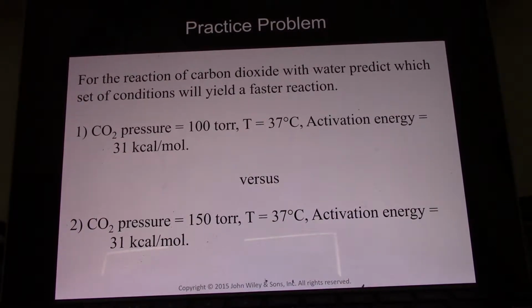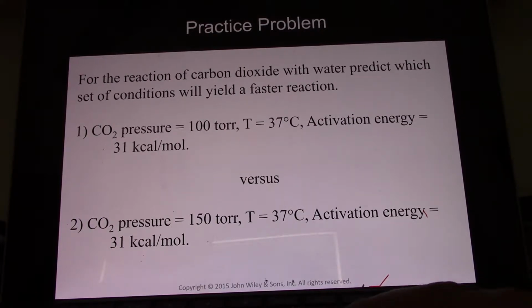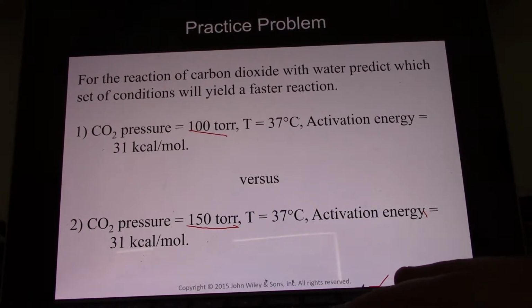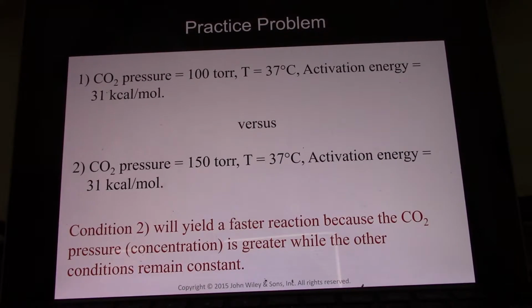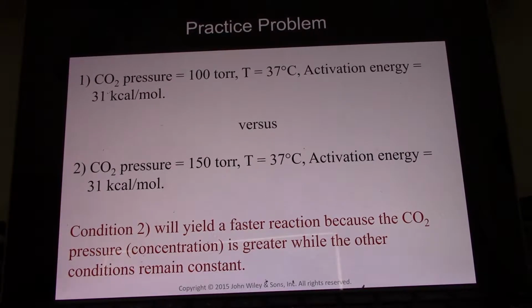For the reaction of carbon dioxide with water, predict which set of conditions will yield a faster reaction. Well, here we have carbon dioxide at 100 torr versus 150 torr. Same temperature, same activation energy. We're going to expect condition 2 to react faster because you have a lot more carbon dioxide present.